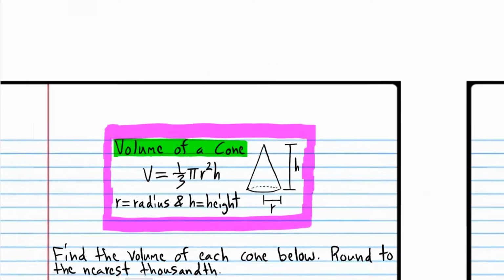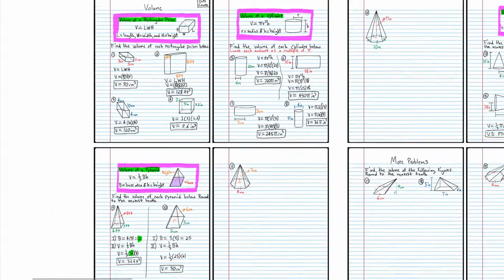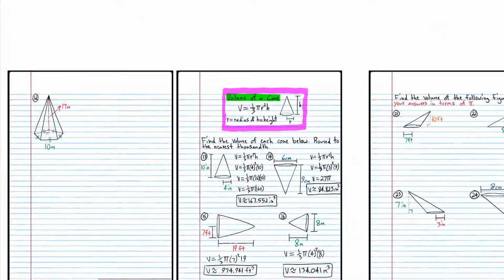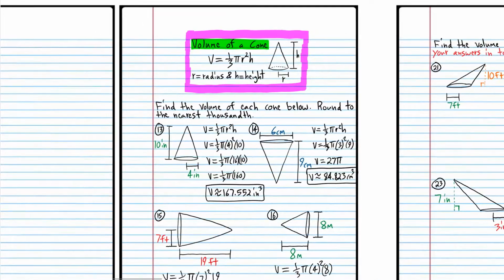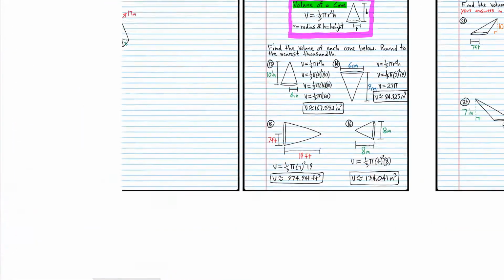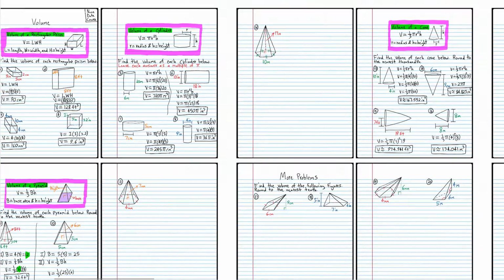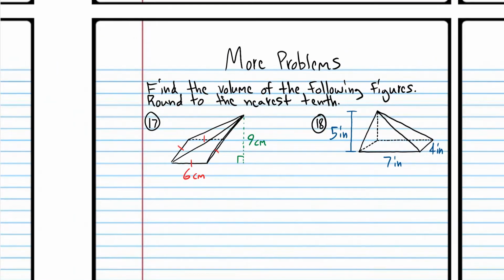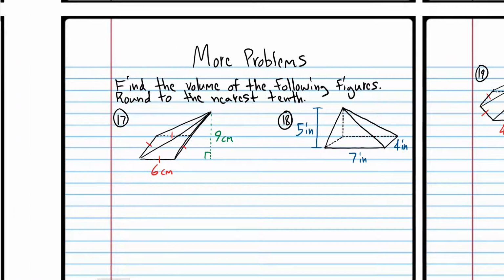It's symmetric on either side. But for the pyramid formula and also for the cone formula, it doesn't really matter if they're right cones or right pyramids. They don't have to be going straight up and down. They don't have to be symmetric on either side. You see these pyramids here, they're not symmetric. But the formulas still work.